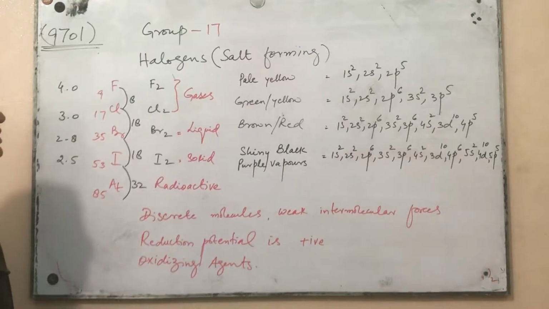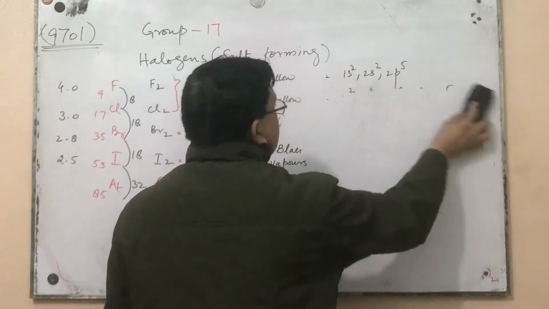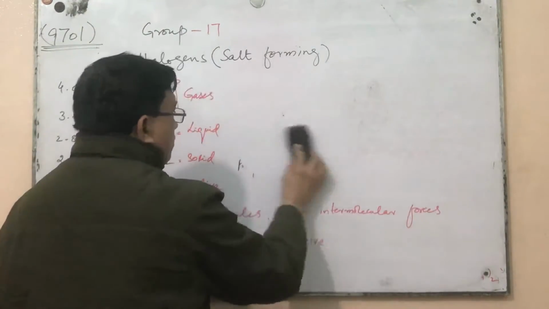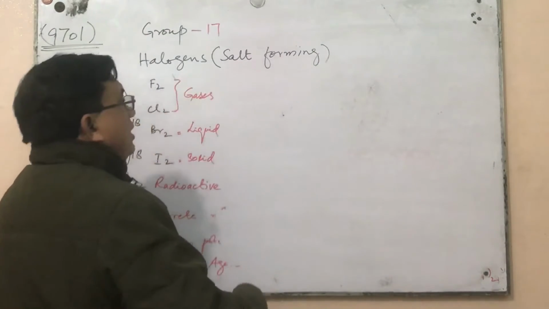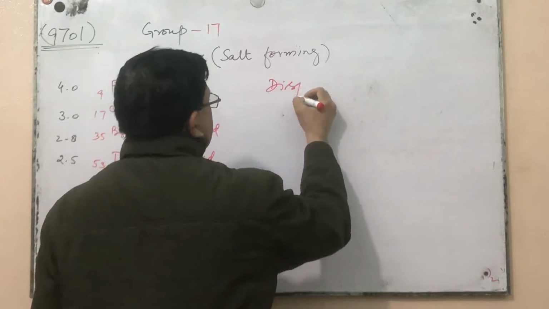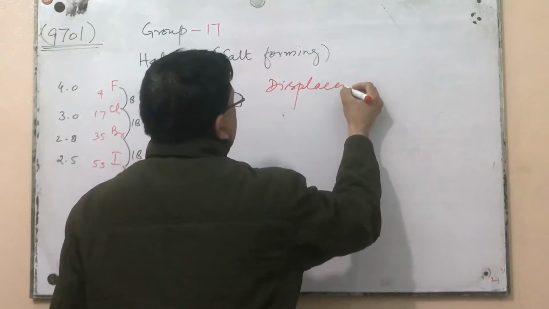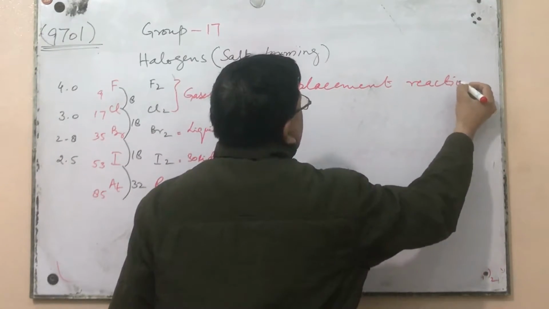Now, if we consider their chemical reactions, these halogens show displacement reactions. Displacement reactions, what does it mean?